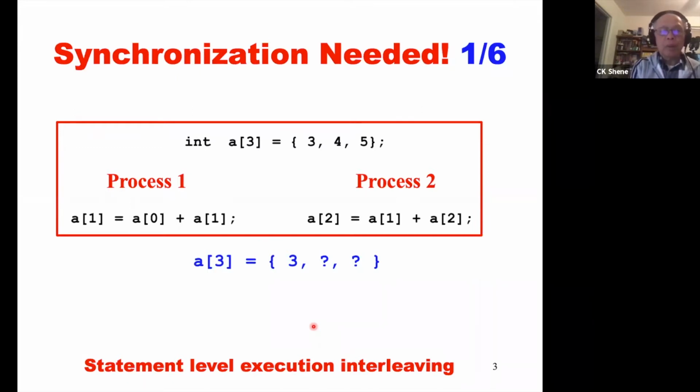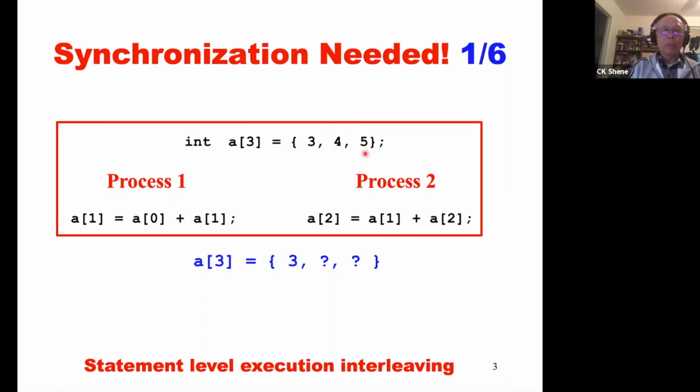Let's start with processes. We have two processes, process 1 and process 2. We have probably just a shared memory in which we store the array A with 3 elements. Initially, the values would be 3, 4, and 5.